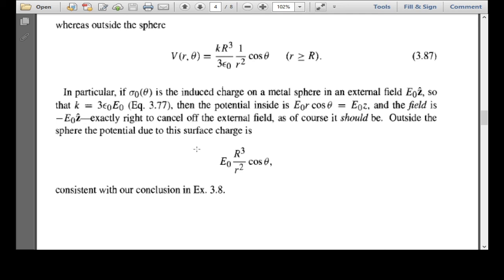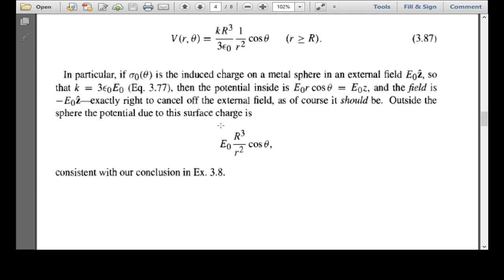Outside the sphere, the potential due to the surface charge has the same form, and substituting the value of E0 we get R cube by r square.